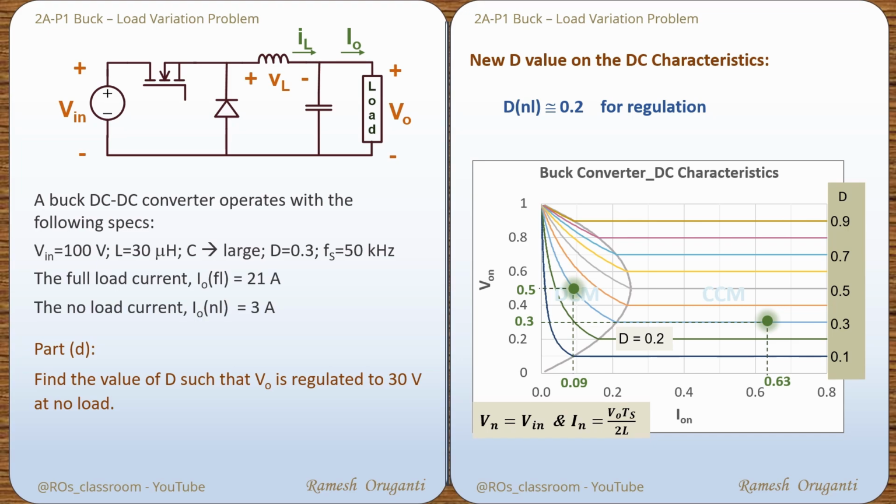So if you reduce the duty cycle to 0.2, the operating point changes as we saw, and the normalized output voltage will be 0.3 and the actual output voltage will be 30 volts. So this is what a controller will do when the load current is reduced to 3 amperes. It will drop the duty cycle so that the output voltage is maintained at 30 volts.